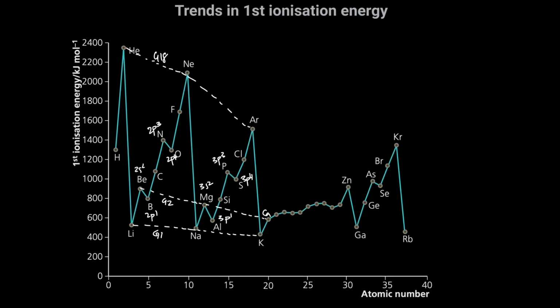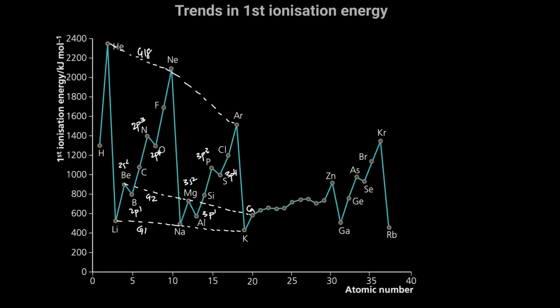So the next question we want to answer here is, why do the first ionization energies remain relatively constant across these d block elements? If you notice, from scandium to copper, scandium is atomic number 21 and copper is atomic number 29, we see that the first ionization energy remains relatively constant.